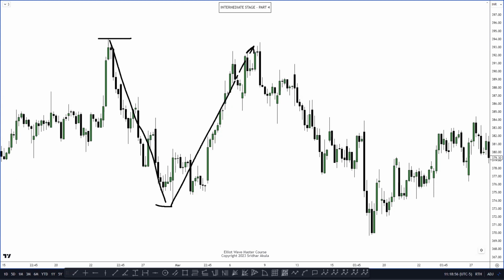This pullback has almost reached 90% of the previous wave, but it has not broken the swing high of the previous wave. So if this correction is valid, then it has to be a correction of flat nature. This will be a regular correction.